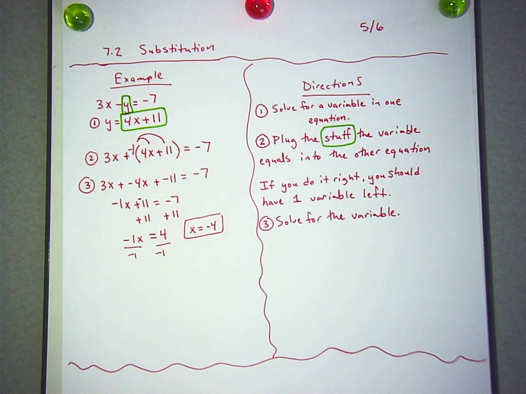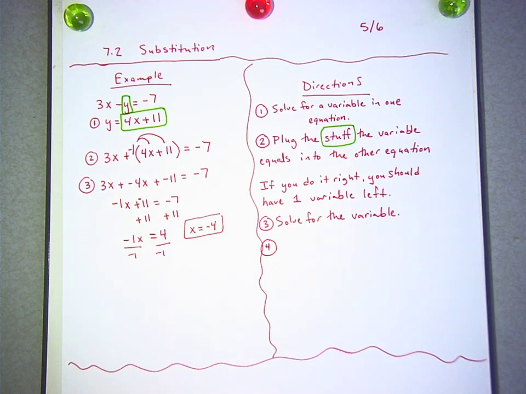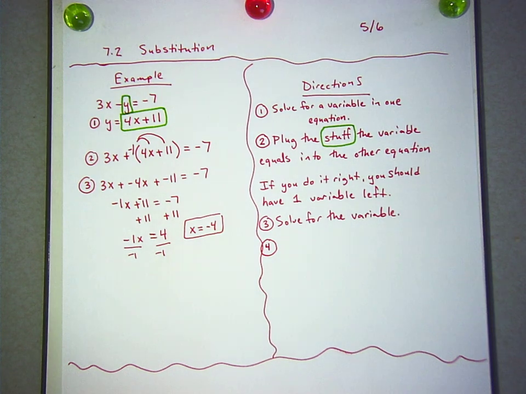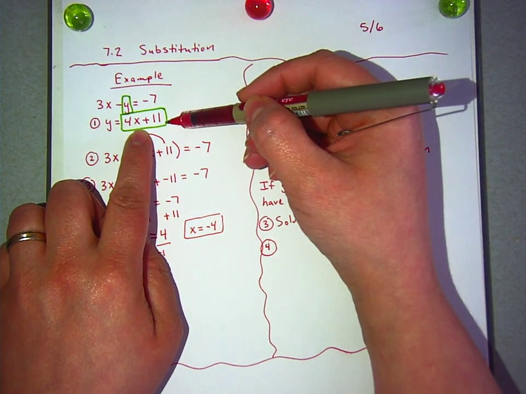But the problem is that, remember, when we're solving these, it's like two lines crossing, right? And our answer is going to look like an x, y point, so we need the y too. So, how do you think you find the y? Yeah? Sure. It doesn't matter which one you use. You can use the top one or the bottom one.